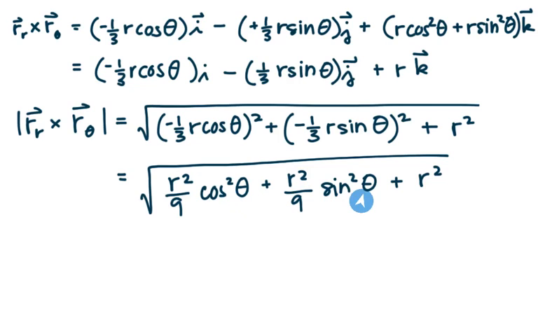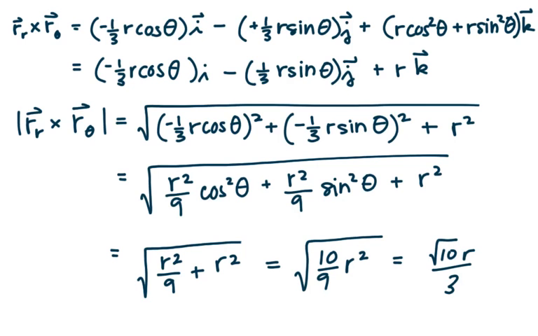And we have a Pythagorean identity, which simplifies out, which leaves me with the square root of r squared over 9 plus r squared, which is 10/9 r squared. If we think about that as 1/9 and 9/9, we've got 10/9. And the magnitude of this cross product simplifies to root 10 over 3 times r. That r is not under the radical anymore.